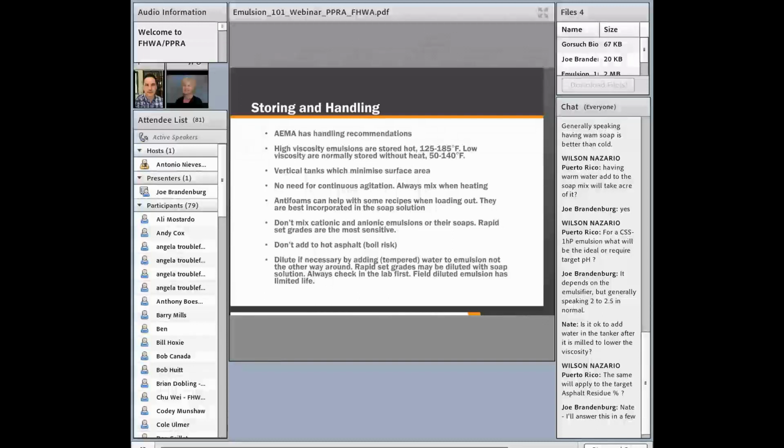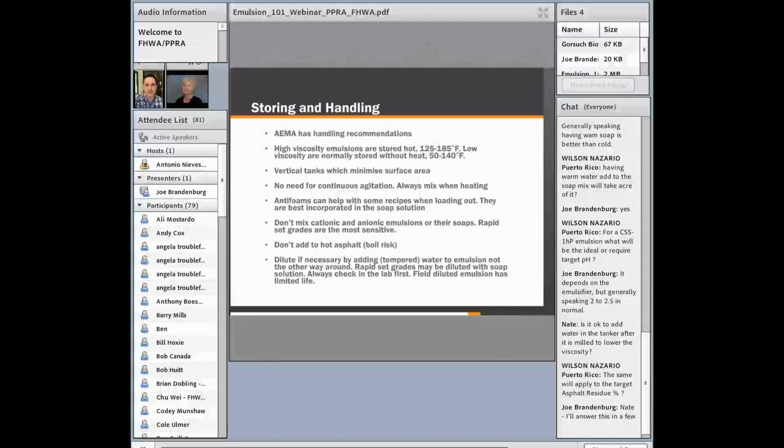Never mix cationic or anionics. As Christine mentioned, there's an electrical charge associated with the asphalt, cationic being positive and anionic being negative, and opposites do attract. So if you have, say, a tanker truck that has a significant heel of anionic emulsion, and then you load cationic on top of it, chances are the asphalt is going to want to come together.